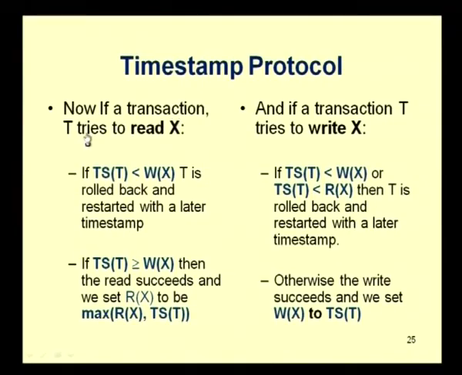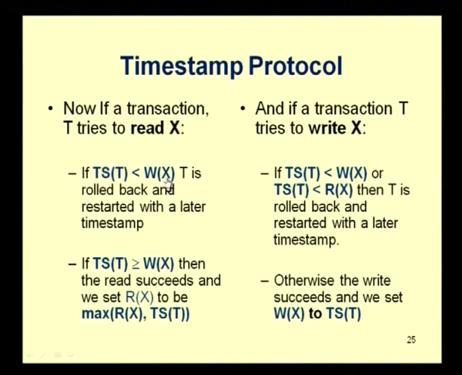Before the break we were talking about the timestamp protocol. Just to remind you, each transaction is associated with a timestamp, and each data item has R of X and W of X, the timestamps of the transactions that last read and last wrote the item X. Now, if a transaction T tries to read X and the timestamp of T is less than W of X, that means after this transaction started, X has been written by some other transaction.